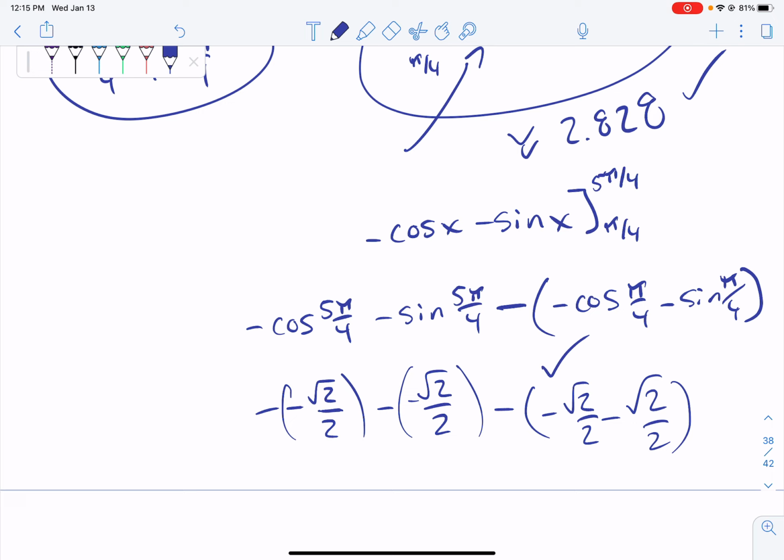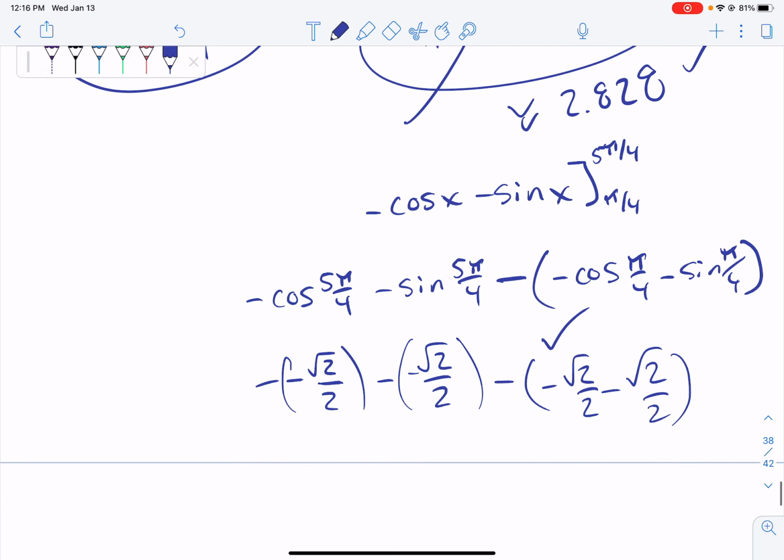Wait a minute. One of those isn't right. Because that's going to add up to be 0, and it shouldn't add up to be 0.